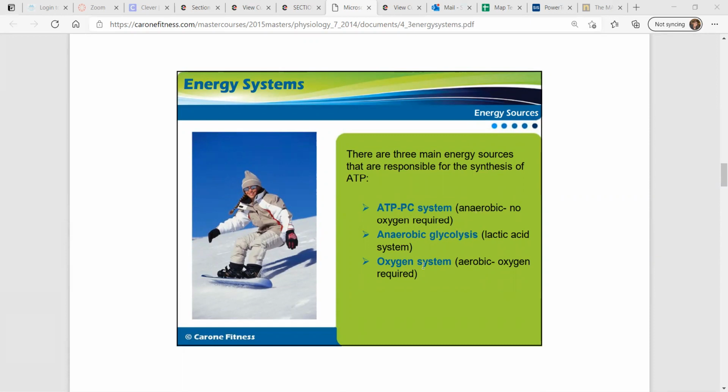We have the ATP-PC system, that's anaerobic, so no oxygen is required. Anaerobic glycolysis, that's the lactic acid system. And then the oxygen system, and that's aerobic, meaning we need oxygen for that system to work.